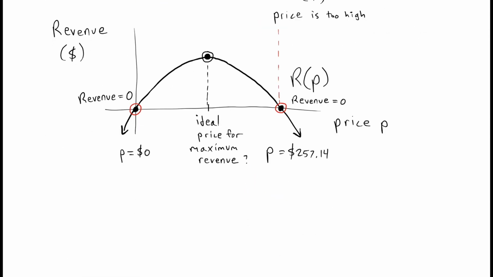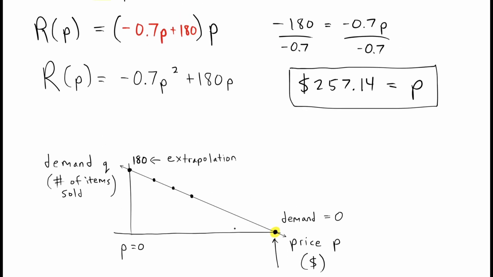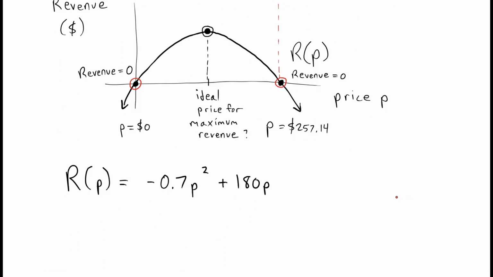If you're doing it with the algebra approach, you have to look at your quadratic function, identify the A, the B, and the C in your quadratic. So your A is negative 0.7, your B is 180, your C is 0, there is no C. And so for a parabola, we can always find the location of the vertex with a formula, negative B over 2A.